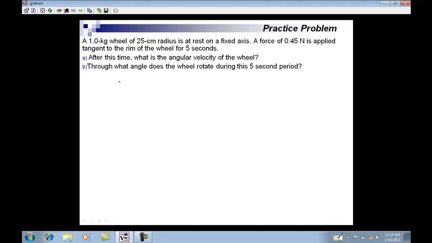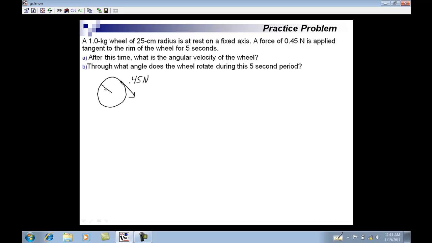So here's what we got. We got a 1 kilogram wheel experiencing a force of 0.45 newtons. It's got a radius of 25 centimeters, which is how many meters?